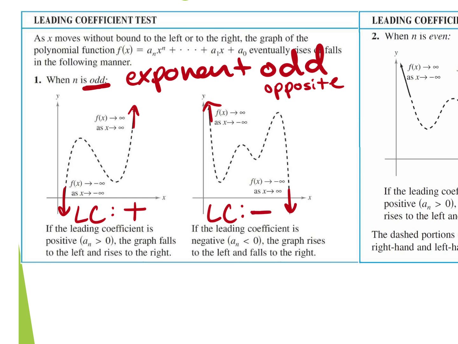You can think about it as if your leading coefficient is positive, your overall slope, if I connected these two points, would be increasing. When your leading coefficient is positive, the overall direction of your arrows is increasing. When it is negative, the overall direction is decreasing.